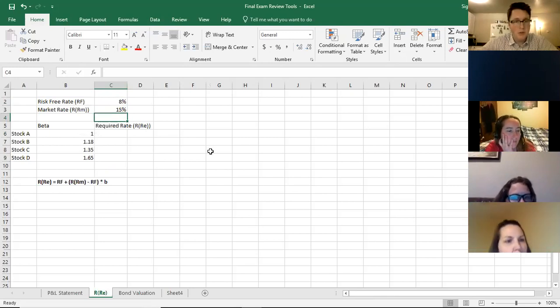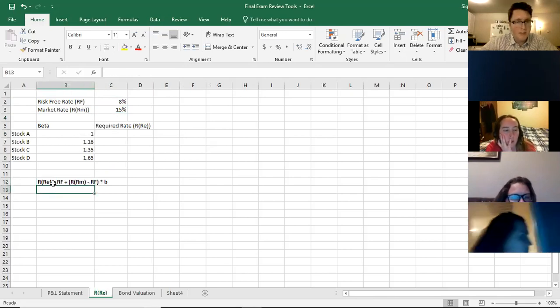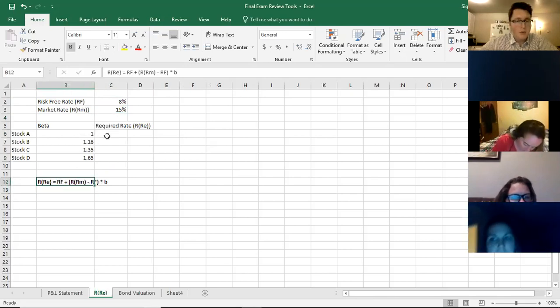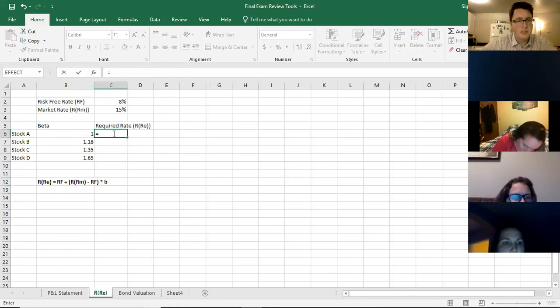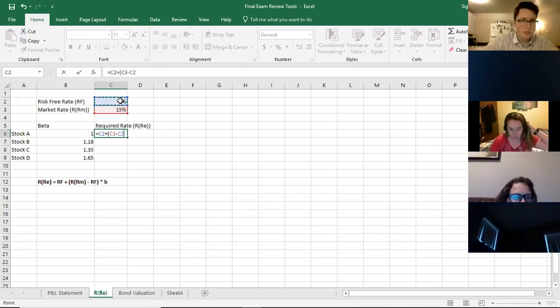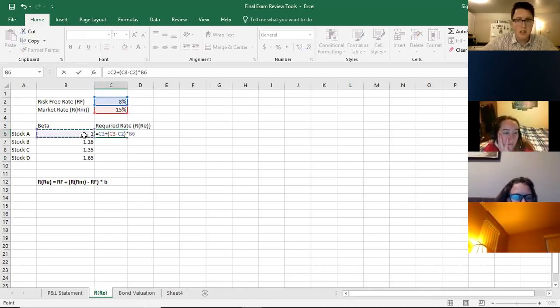So you might have a required rate of return given to you. Here's the equation. In order to find this, we're simply going to plug this equation in. So we're going to do equals my risk-free rate plus, and then open a parentheses, the market rate minus the risk-free rate, close parentheses, times the beta of that particular stock.